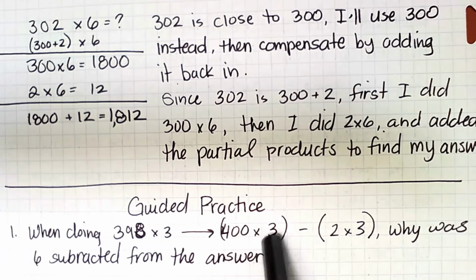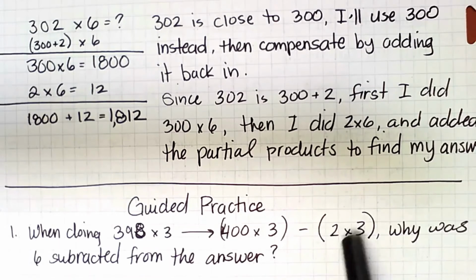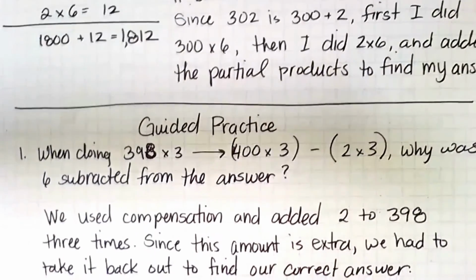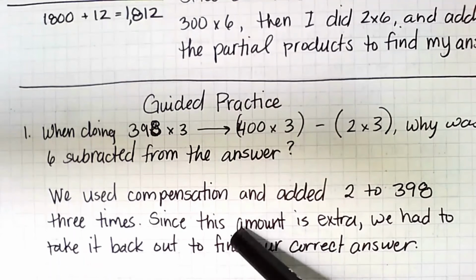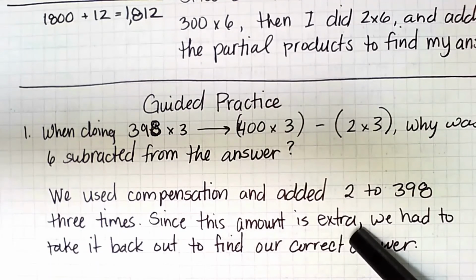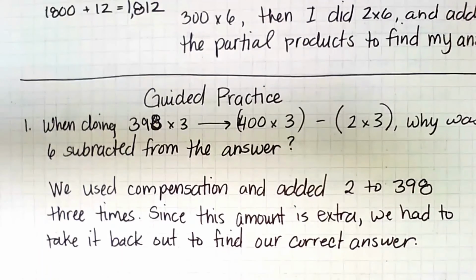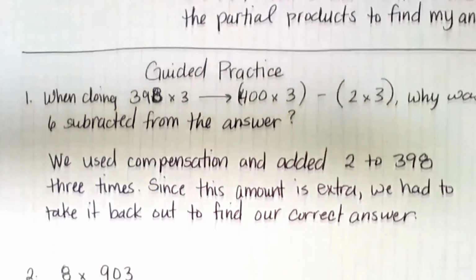So if I added it in 3 times, I need to take it away 3 times. So since we used compensation and we added 2 to 398 3 times, since this amount is extra, we had to take it back out to find the correct answer. So if I put a few extra in, I need to take those few extra right back out.